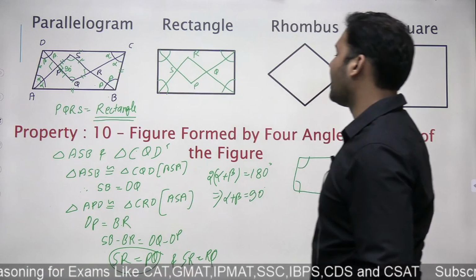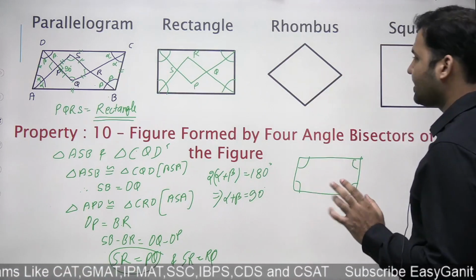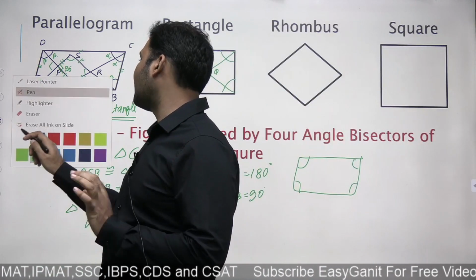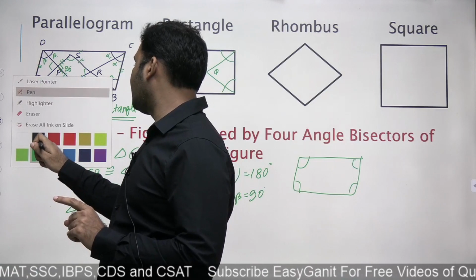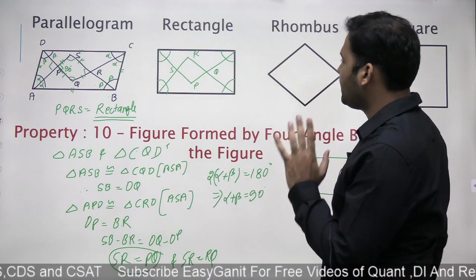This is what we need to prove. Very simple. Again, in exactly a similar way to how we proved that in a parallelogram you get a rectangle inside the figure, you can also find out what this figure PQRS will be called.